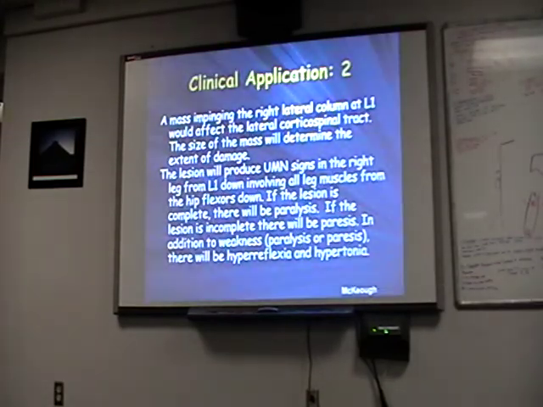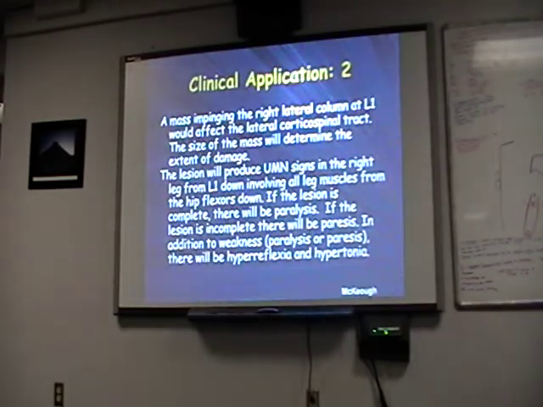Why ipsilaterally? Because it already crossed. Where did it cross? Here, the pyramidal decussation. So from there, it's just going to go out ipsilateral to the ipsilateral lower motor neurons. So all the lower extremity muscles from the hip flexors down, depending on how complete the lesion, might have partial paralysis or paresis, or they might have paralysis.